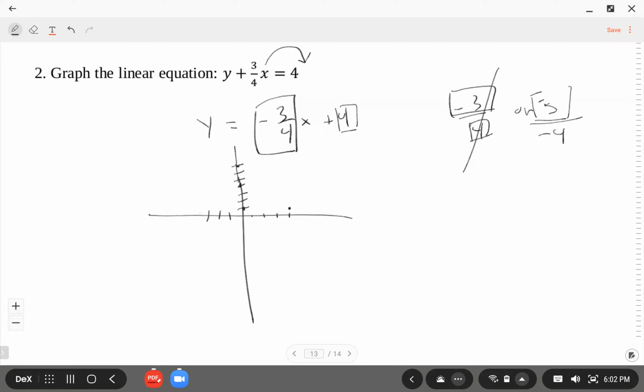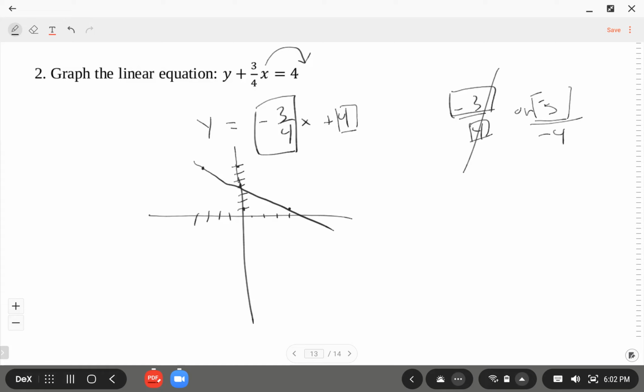So 1, 2, 3, 4. Here we go. And then you notice that these points make a straight line. Okay, that is a super horrible line. Don't mind me. Just going to erase this line. There we go. Kind of a straight line, but I'm sure you get the idea.